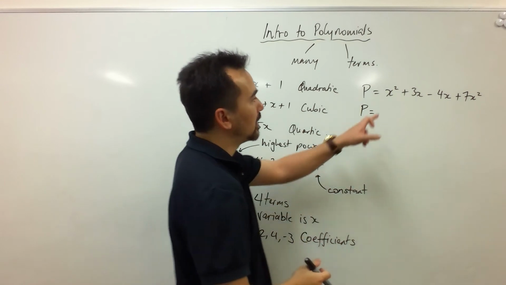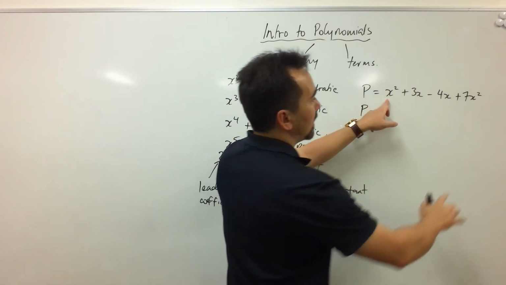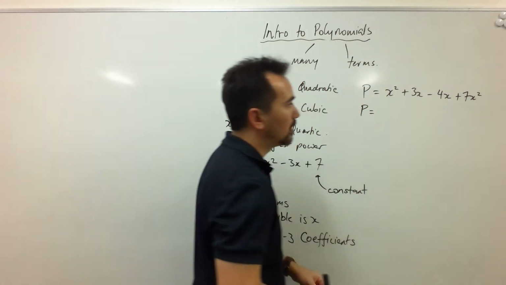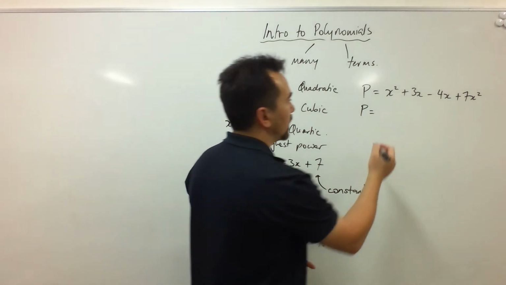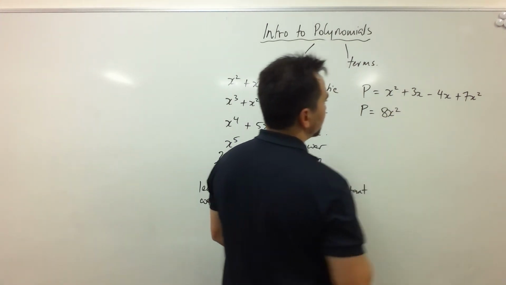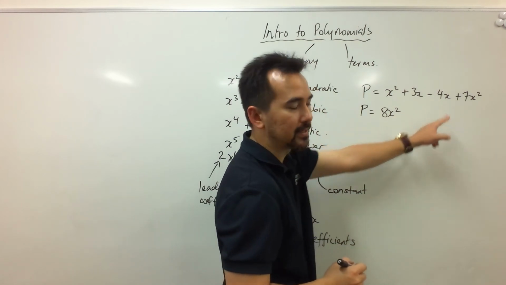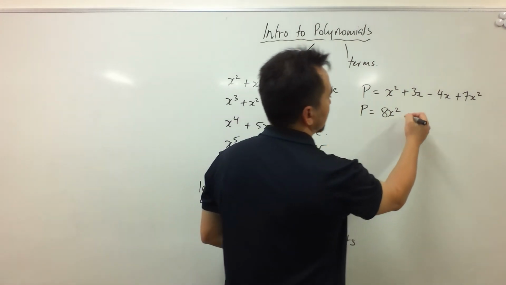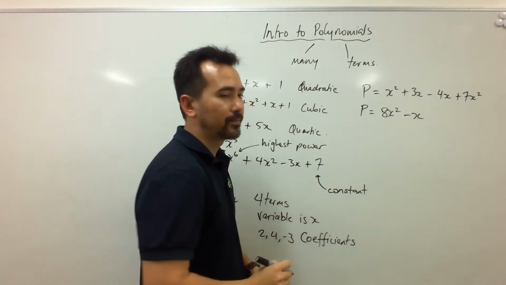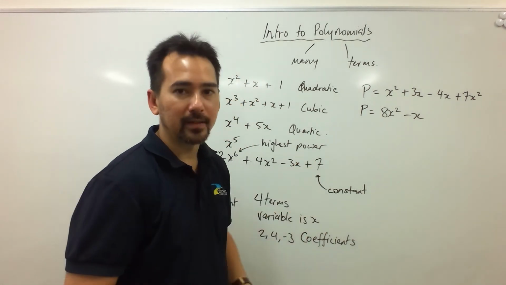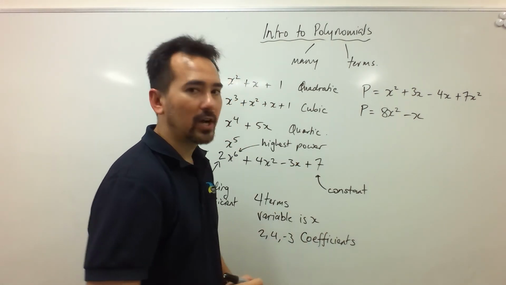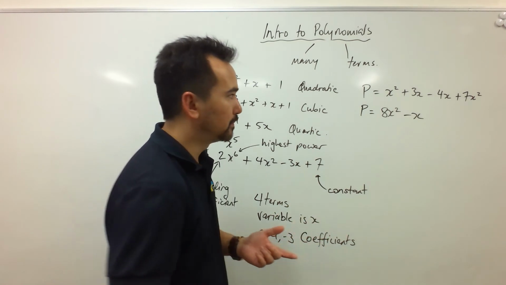Combine like terms. Well, I've got 1x squared here and 7x squared there. 1x squared plus 7x squared makes 8x squared. I have 3x's here and I have negative 4x's there. 3x take away 4x is negative 1x. And that's simplifying polynomials.